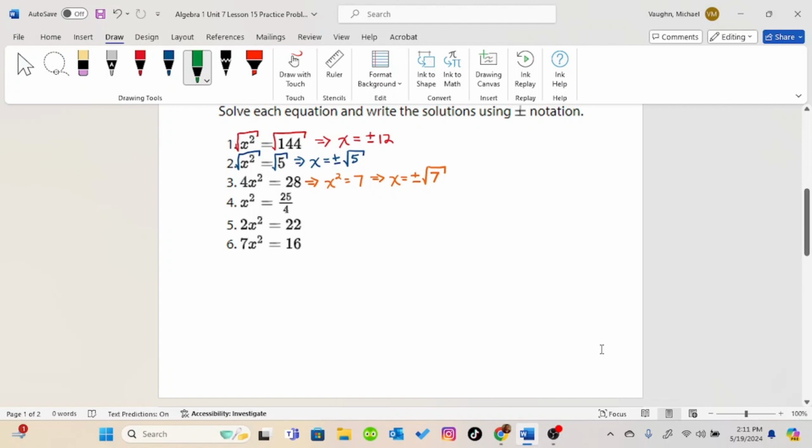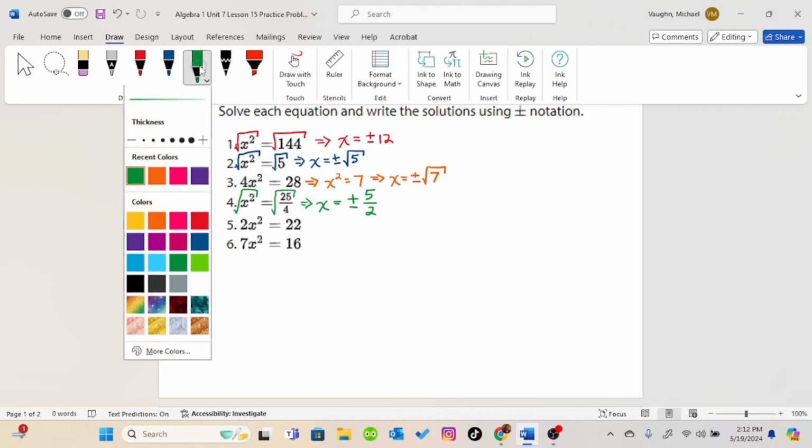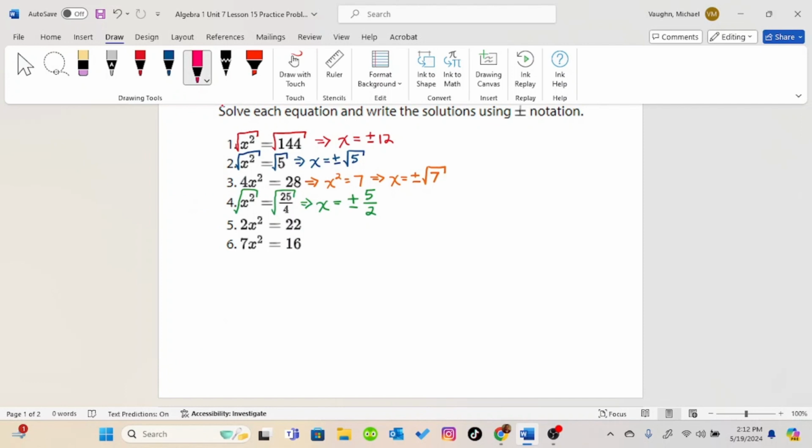On number 4, we have x squared equals 25 over 4. We'll take the square root of both sides, and this gives us x equals plus or minus 5/2. Number 5.